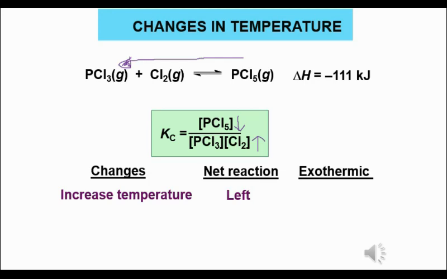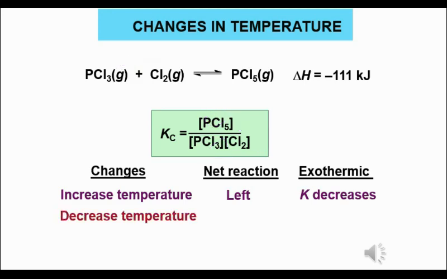So we can see a smaller number on the top and a bigger number on the bottom of the fraction will give a lower K. So K will decrease when we increase the temperature of the system in an exothermic reaction.